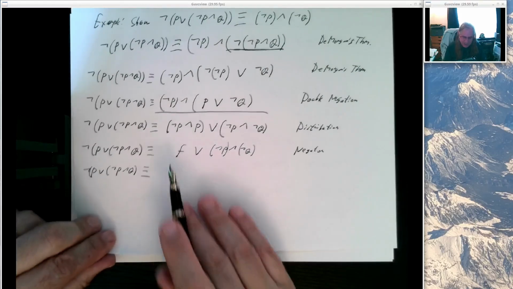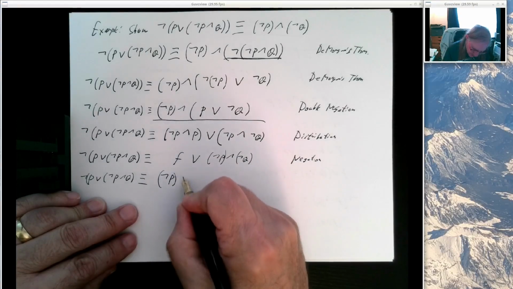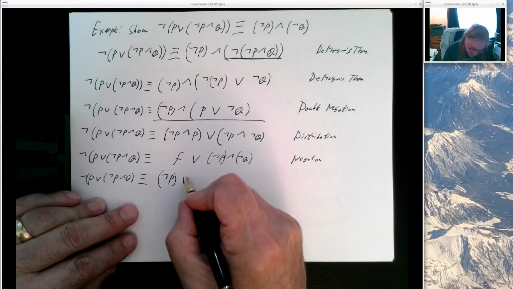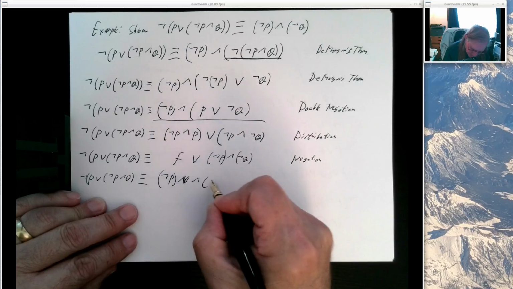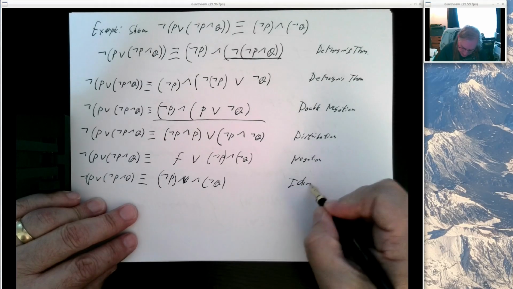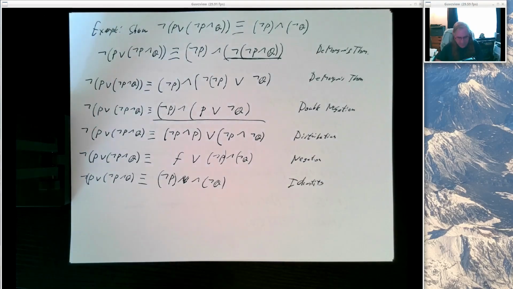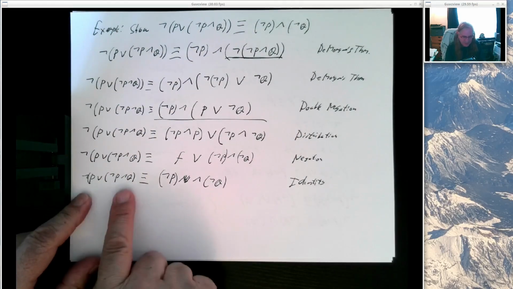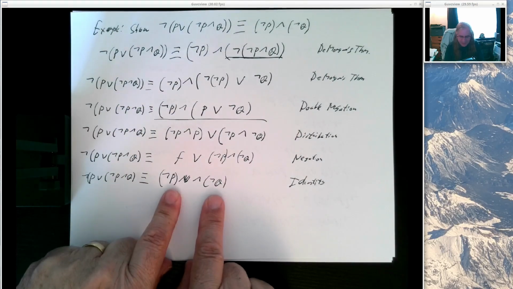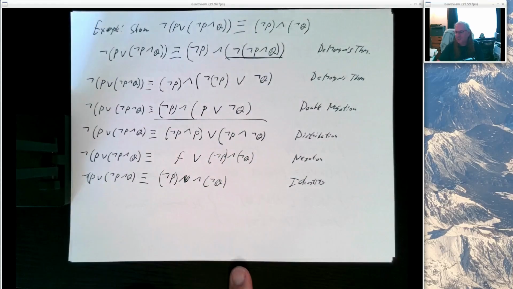So this thing ORed with false is logically equivalent to not P and not Q, and that's identity. And so by just manipulating this left side, I have shown that this proposition is equivalent to not P and not Q, which is the thing I was trying to show.